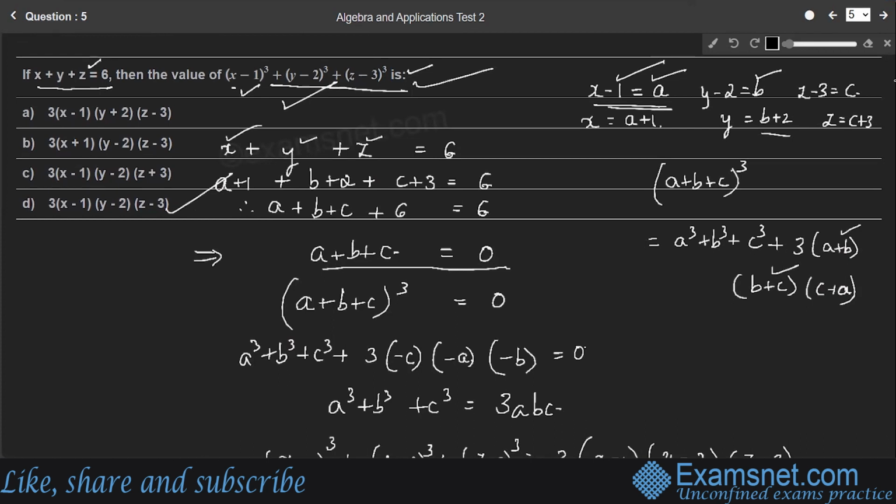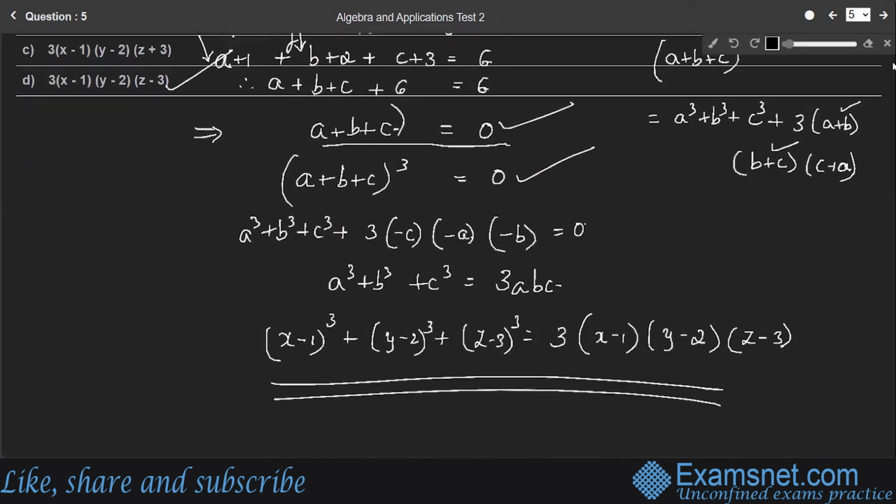So here, students, we are taking x minus 1 as a. For our convenience, we are taking y minus 2 as b, z minus 3 as c. Therefore, x plus y plus z is equal to 6 becomes, so in place of x, we are writing a plus 1. So y we are writing as b plus 2, like that, right? So a plus b plus c becomes 0. Then cubing on both sides, a plus b plus c cube becomes 0.